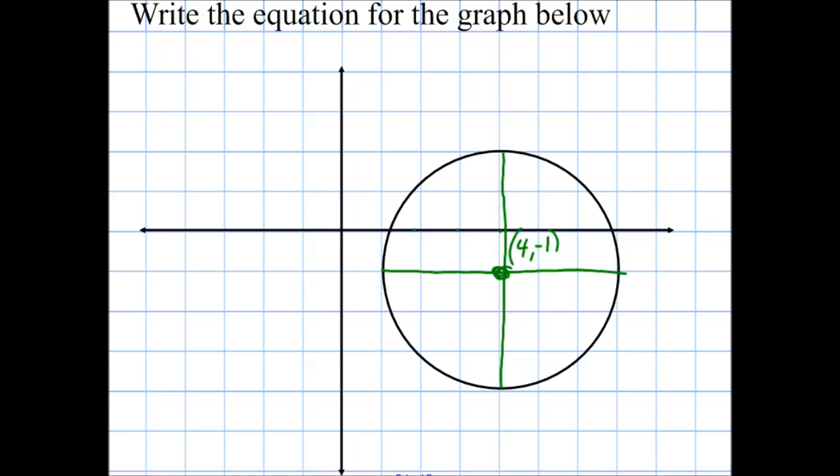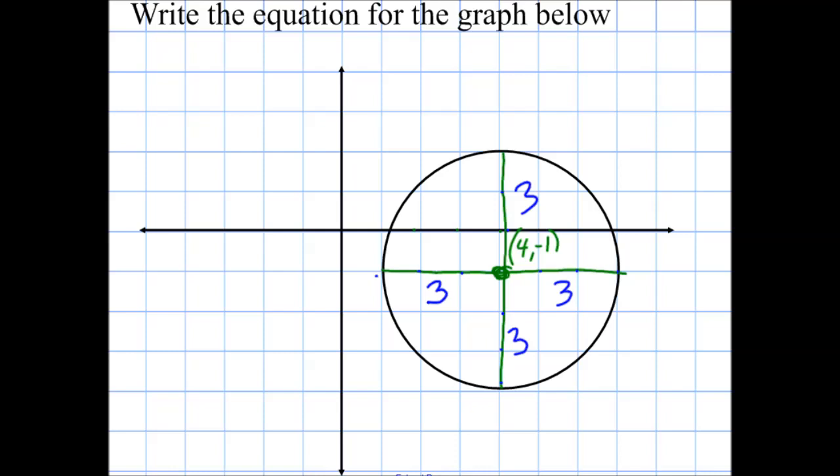Then I can see it went 1, 2, 3 units this way, 1, 2, 3 units this way, 1, 2, 3 units this way, and 1, 2, 3 units that way. So I know it's the center because it went up 3 units, down 3 units, right 3 units, left 3 units. All right, so we have a nice circle.